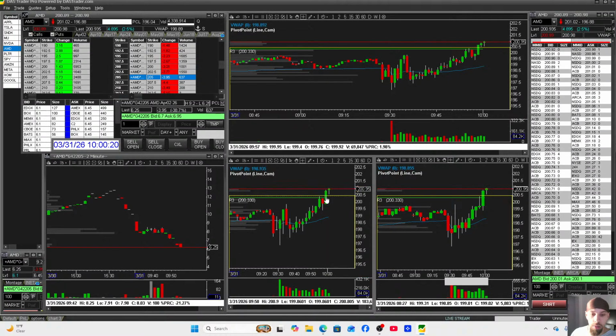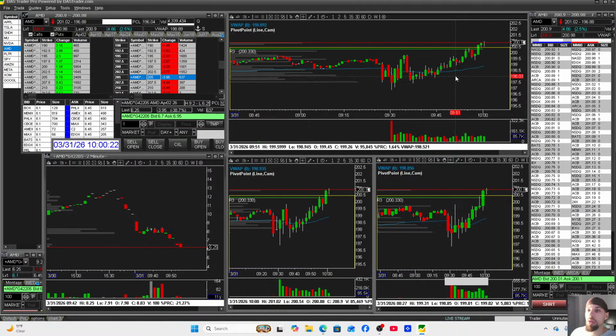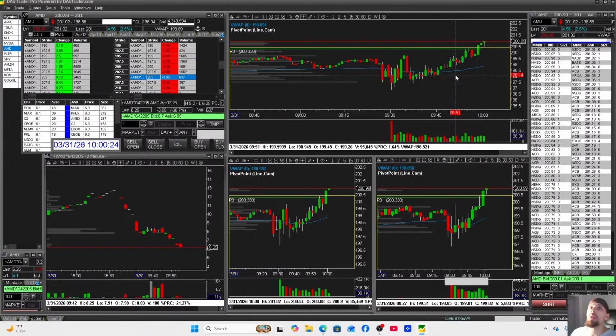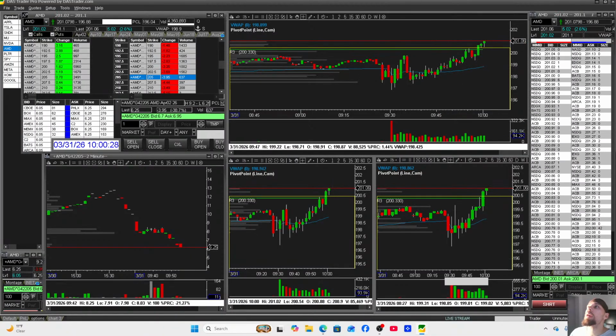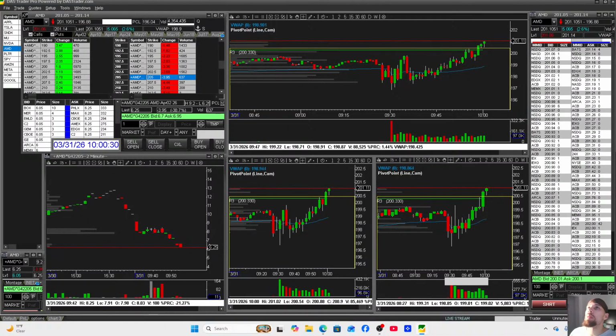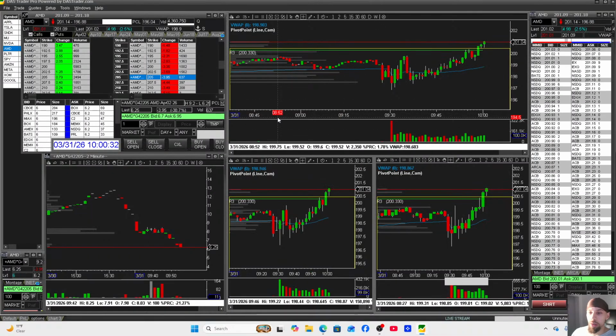2 minute candle here, big green candle. Let's see what it's going to do. Lots of orders to the top side here for AMD.